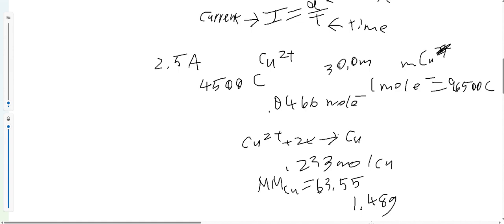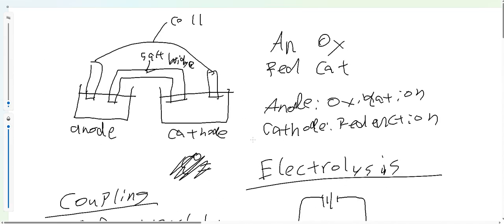And remember, salt bridge. I know it seems mundane, but the salt bridge is the key to making a galvanic cell actually go. And in fact, I forgot to give you a calculation on galvanic cells, so we'll do one really quick.